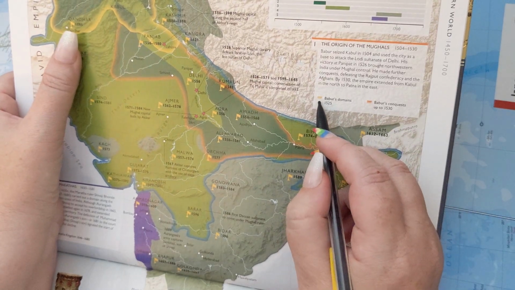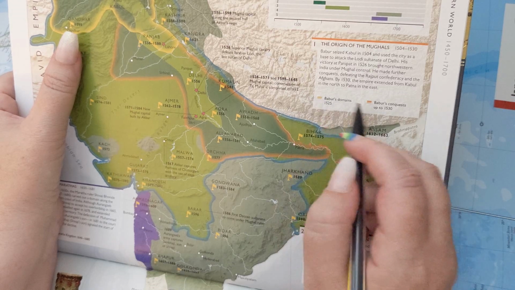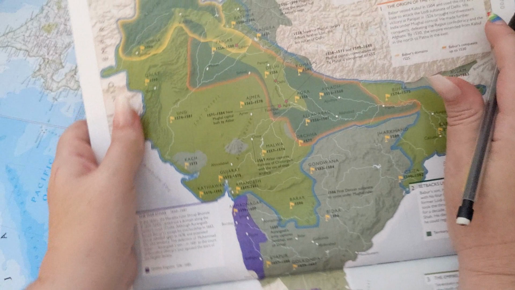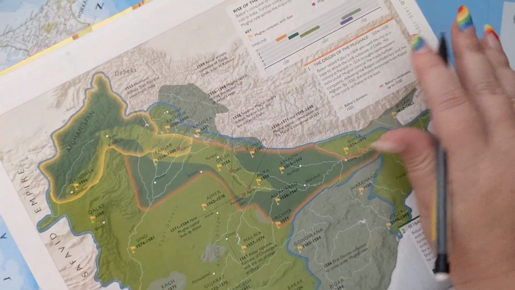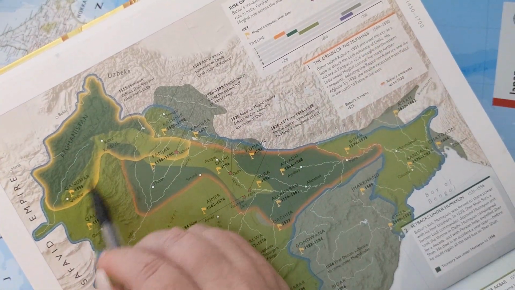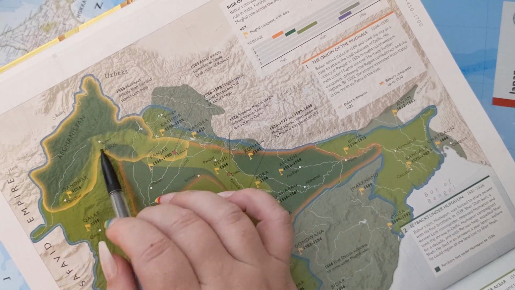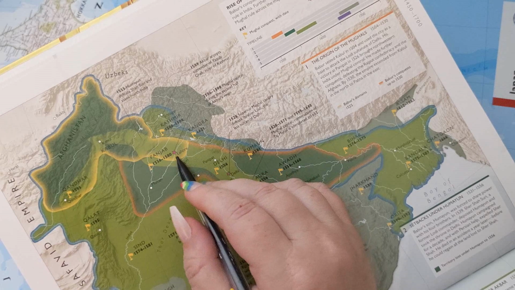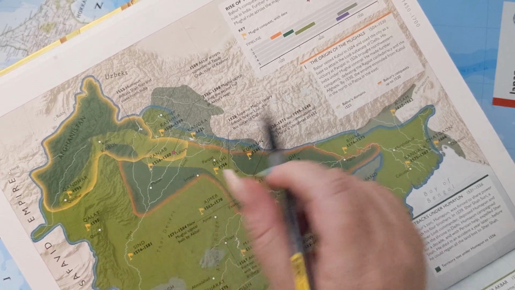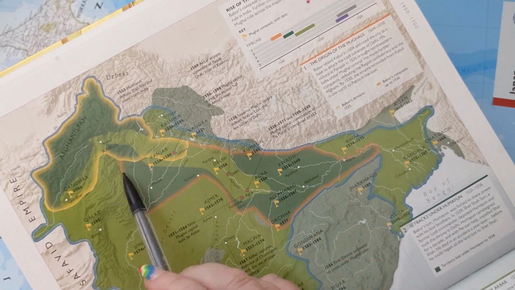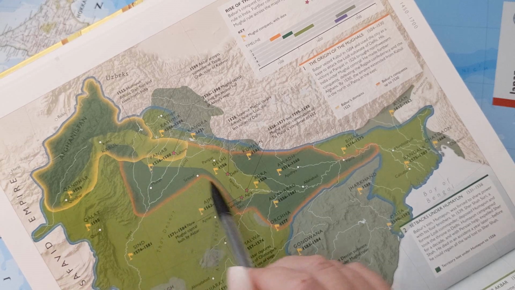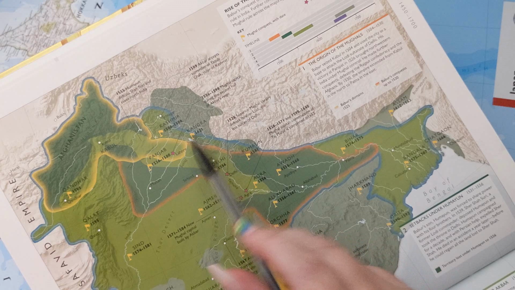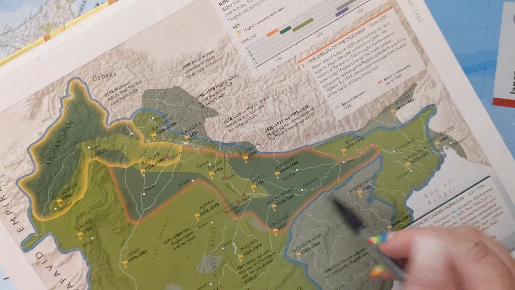So it looks like Babur's domains are in yellow and his conquests are in orange. So let's see if I can get this in frame. Kind of have to turn it sideways. There we go. So his conquests are up here. Lots of Afghanistan. There's Kabul, and he came down to, looks to be Lahore, and then he wound up conquering all this land here, deep into the subcontinent here.